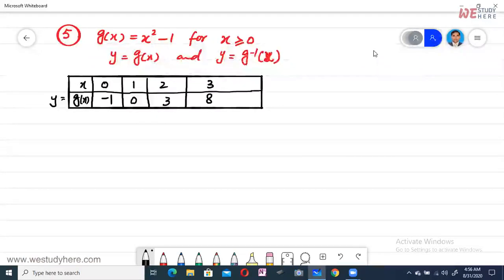Here we have 4 points: 0, minus 1; 1, 0; 2, 3; 3, 8. One more value we can take when x equals 4, 4 square 16 minus 1 is 15. Now we can draw the graph of y is equal to g of x.